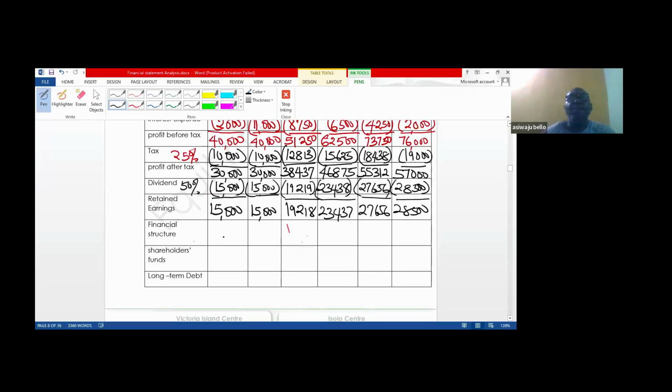Shareholders' funds, everything in dollars. This is $200,000.